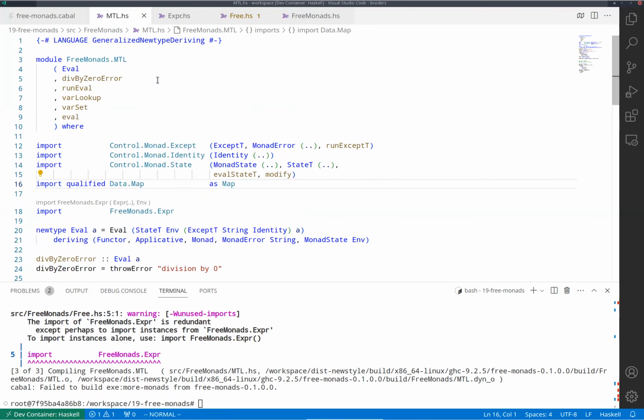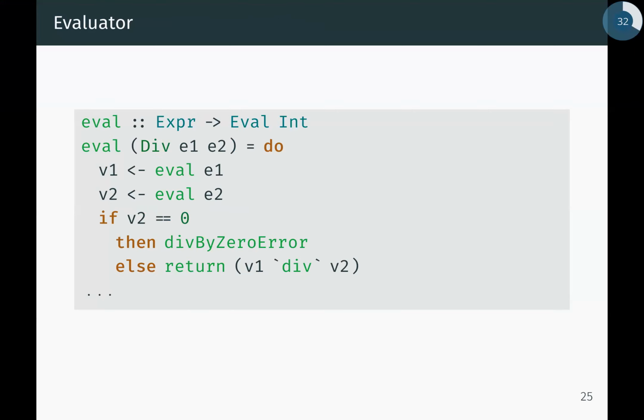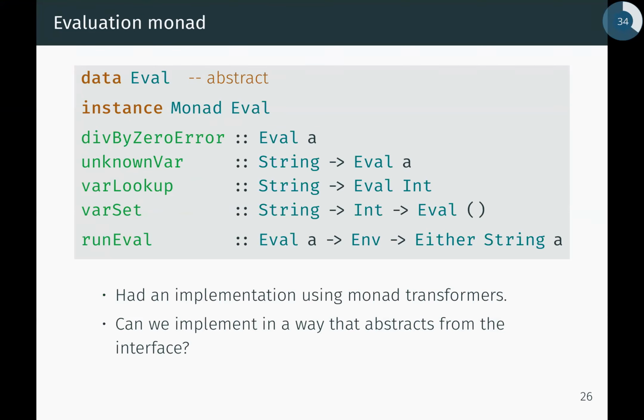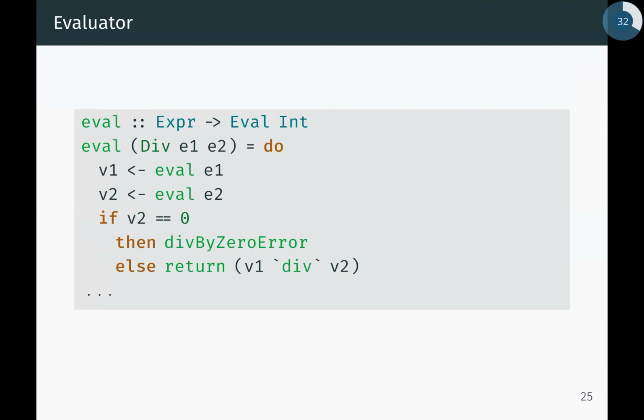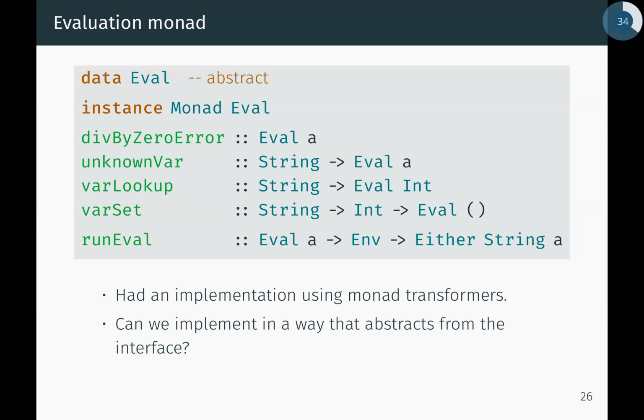So what do we have? We have diff by 0, running var lookup and var set. Right, so our pieces: we had this data type, the expressions, then we wrote the evaluator against the abstract monad, this eval monad, which we implemented using monad transformers.